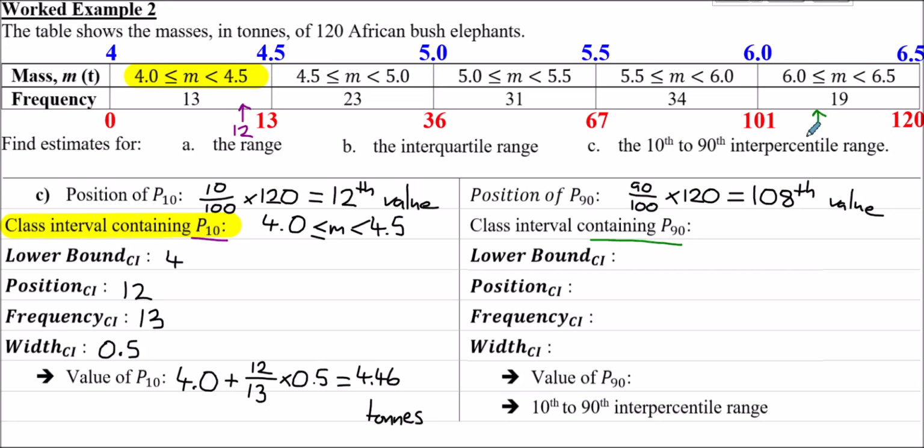It's going to be here somewhere. So the 108th one is somewhere here. So as we can see, it must therefore be in the class interval from 6.0 to 6.5.